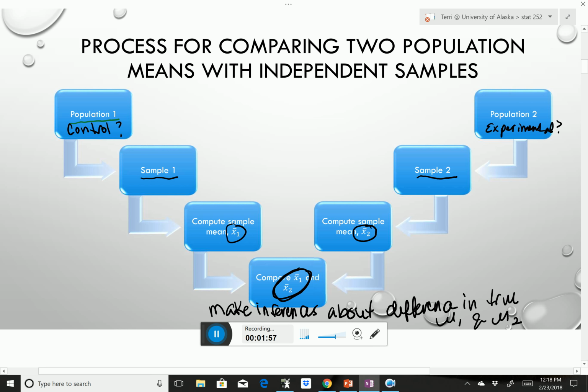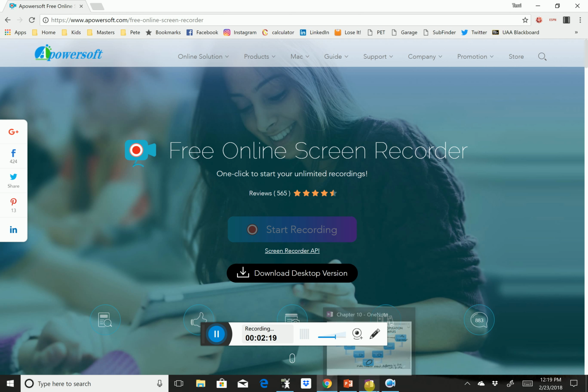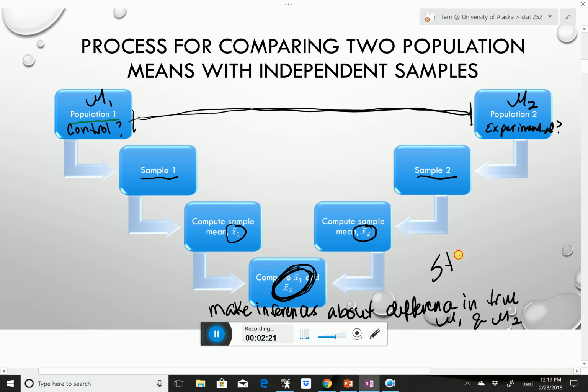Because in population 1 there's some mean, and we want to see if the true mean is different. Of course, these are likely to be a little bit different at least, but can they indicate that the actual real means are different? What we call that is statistical significance. We've talked about that before, if they're statistically significantly different.